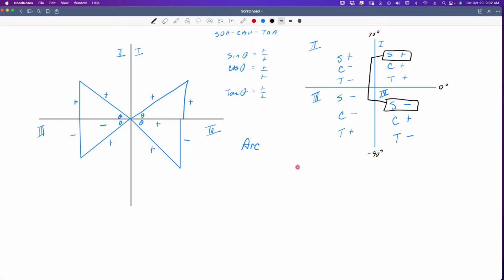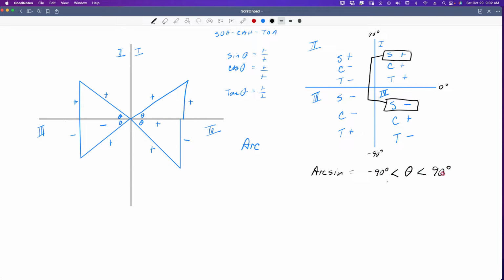Okay, so the arc sine would be, the limitations would be negative 90 is less than the degree of theta, which is less than 90 degrees.